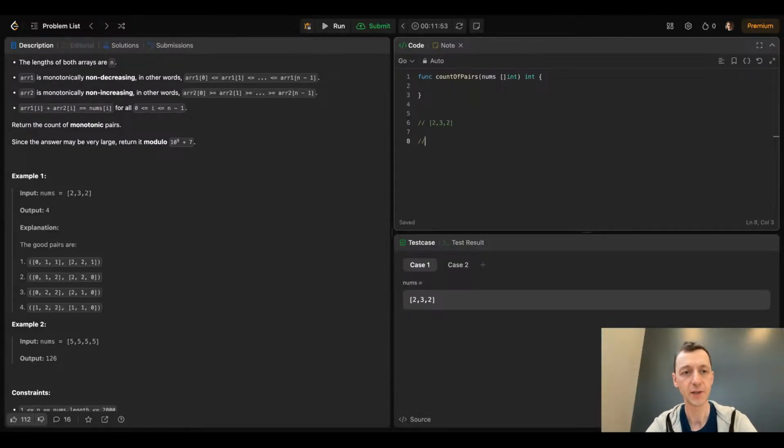I mean, we can start by creating the minimum non-decreasing, something that's monotonically non-decreasing. Here the minimum, and okay, so it's 1, 1.